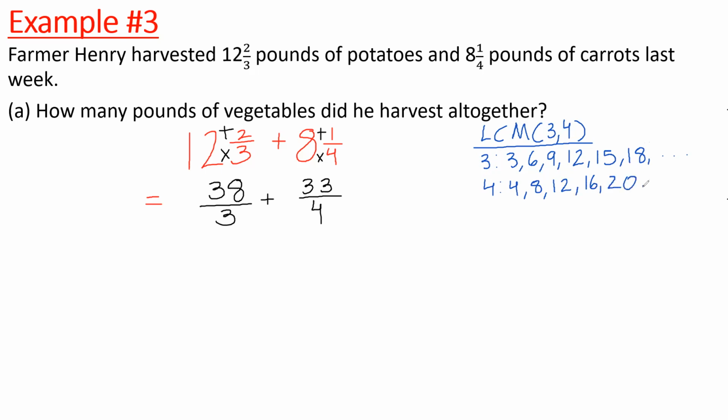So if we look at the multiples of 3 and the multiples of 4, what is the lowest common multiple of the two? 12. Very good. So the LCM of 3 and 4 is what?